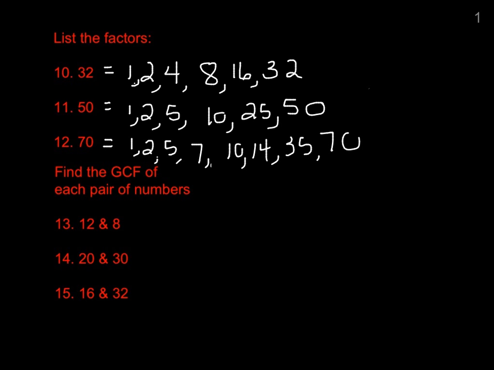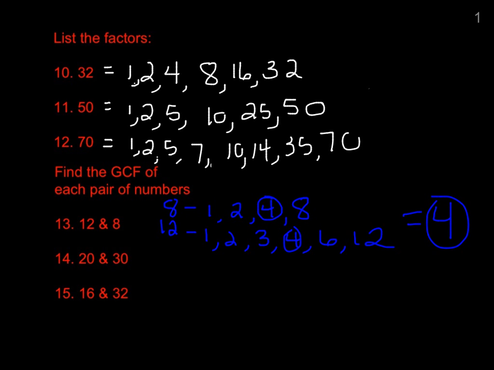Okay, so for the next one, you're finding the greatest common factor of each pair of numbers. So you look at your two numbers, think about the factors. So if I had 8 and 12, for 8, 1, 2, 4, and 8 go into 8. For 12, 1, 2, 3, 4, 6, and 12 go into 12. And the biggest number on both lists is 4, so their greatest common factor, or GCF, is 4.